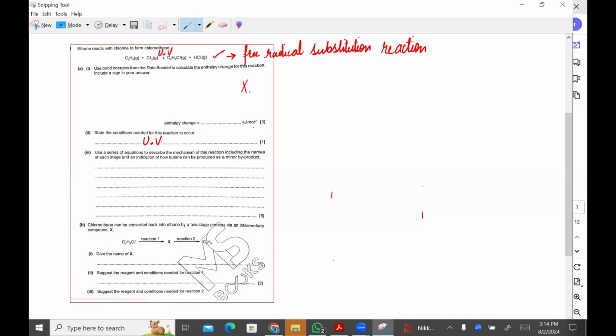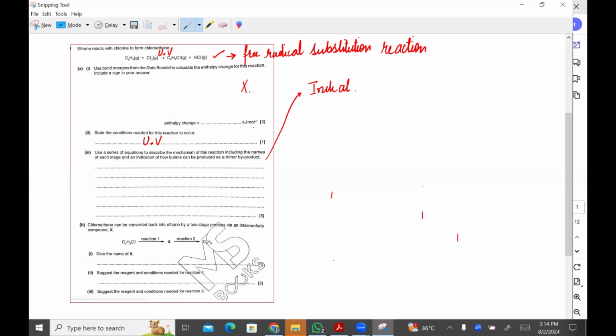Use a series of equations to describe the mechanism of this reaction, including the names of each stage and an indication of how butane can be produced as a minor product. So we have to write just the equations, okay? First of all, we know the first reaction is, Sultan, what is the first reaction?